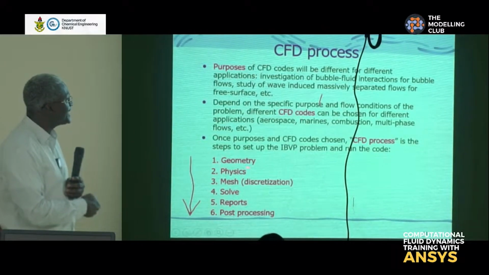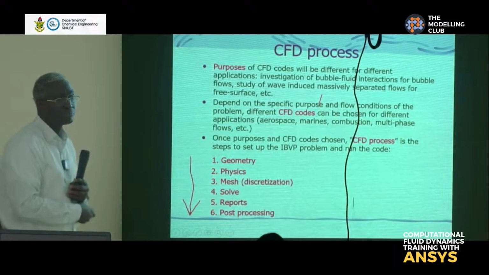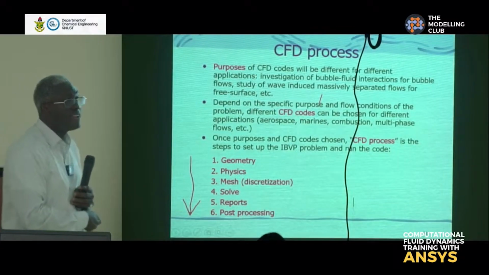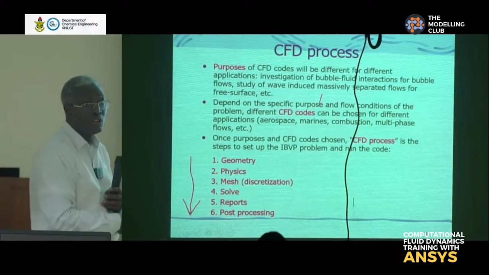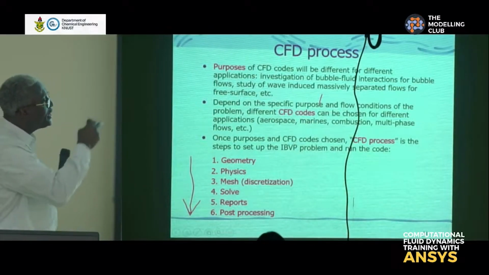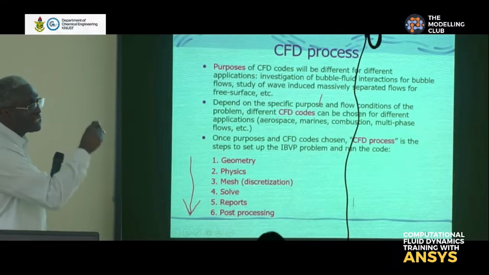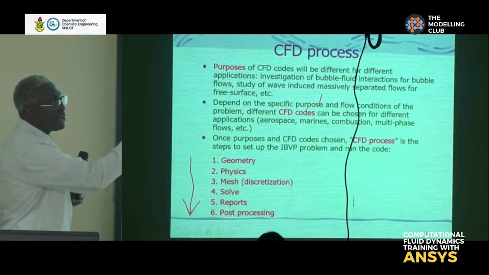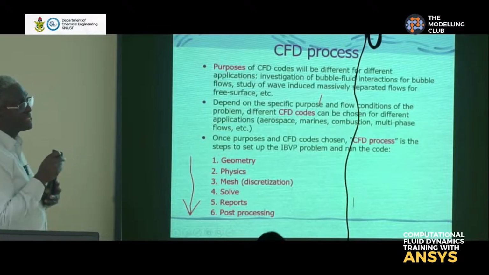Once you have achieved that first step, then the next step is the physics. What are the conservation equations that you want to solve? Okay, if I go into any of these softwares, I have to tell the software, solve the conservation of mass.